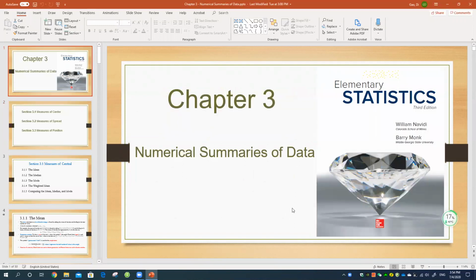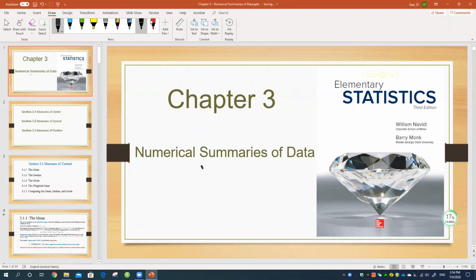So let's kind of recall the definition for statistics. So we have 2 big areas. The first one, we call it descriptive statistics.